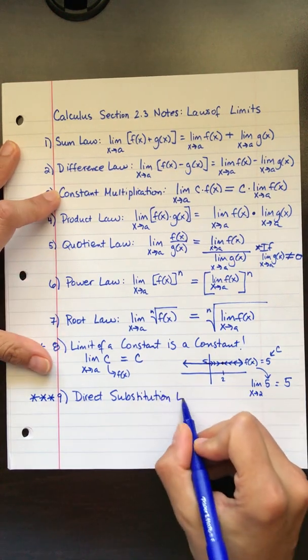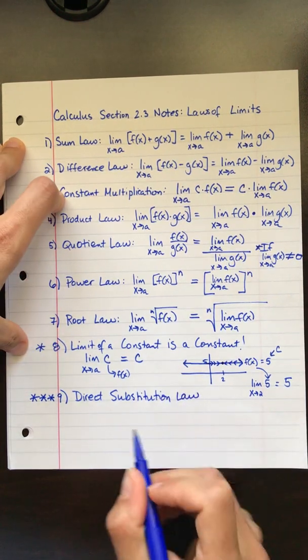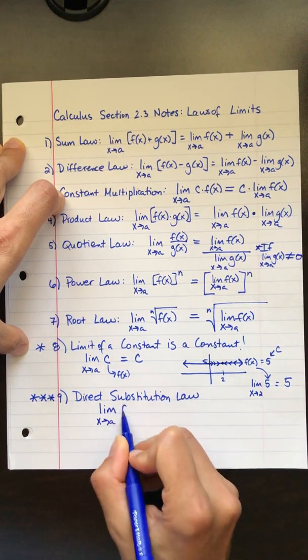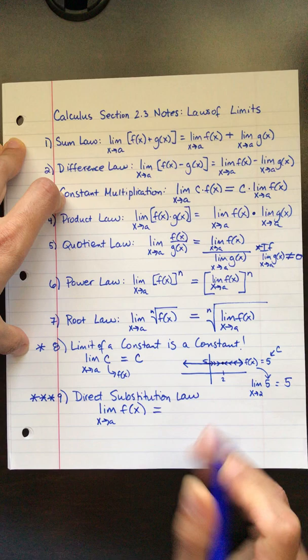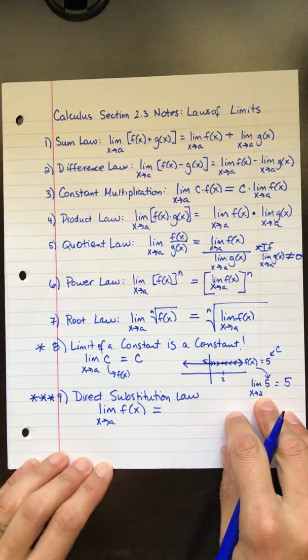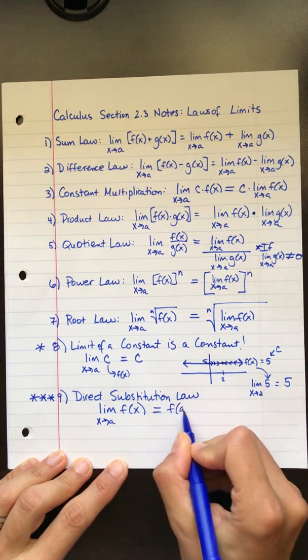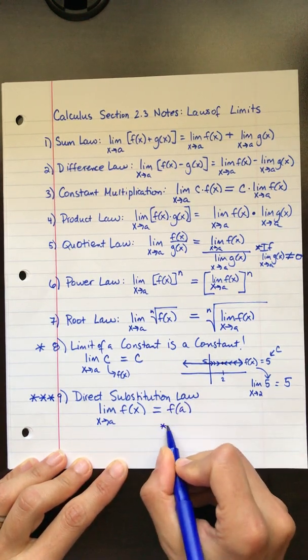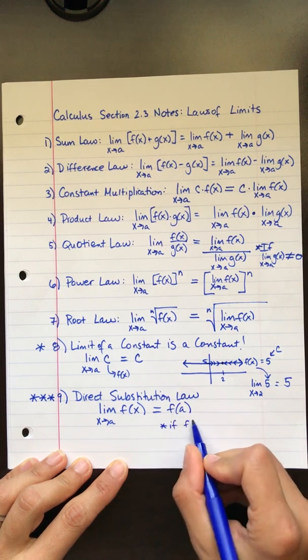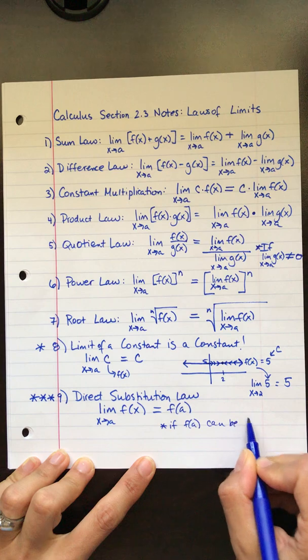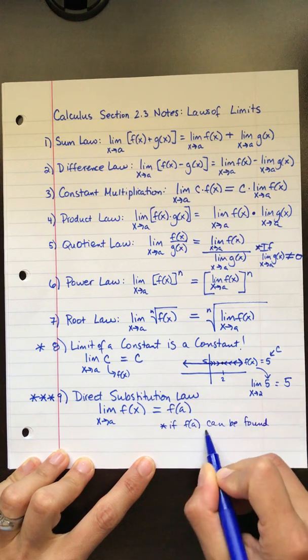Okay, and it says that if I have a limit as x approaches a of f of x, then the answer of the limit is going to be f of a. But there's a big if. If f of a can be found algebraically.